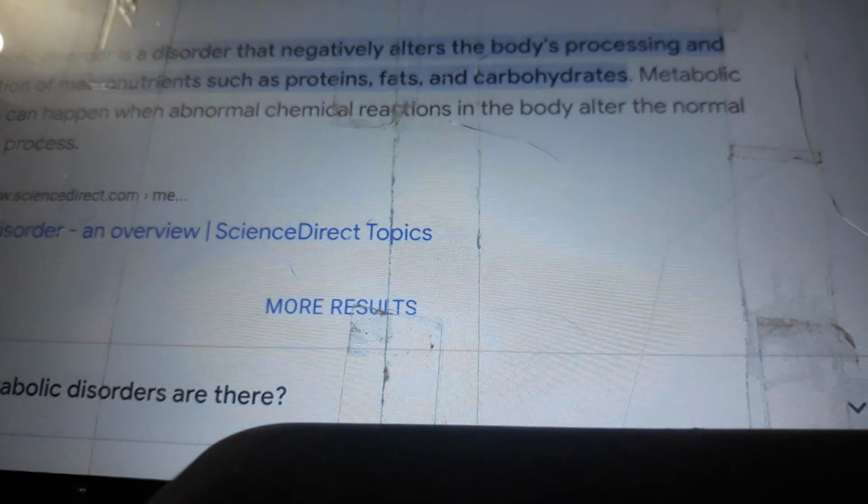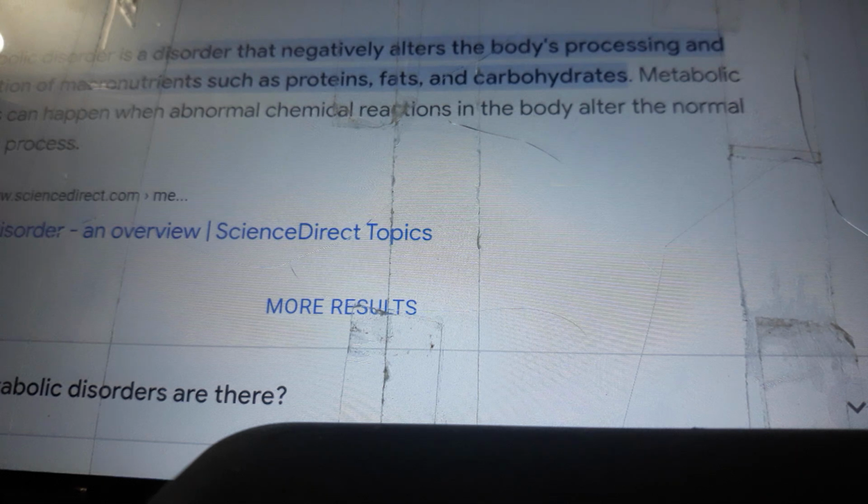A metabolic disorder is a disorder that negatively alters the body's processing and distribution of macronutrients such as proteins, fats, and carbohydrates. Metabolic disorders can happen when abnormal chemical reactions in the body alter the normal metabolic processes.